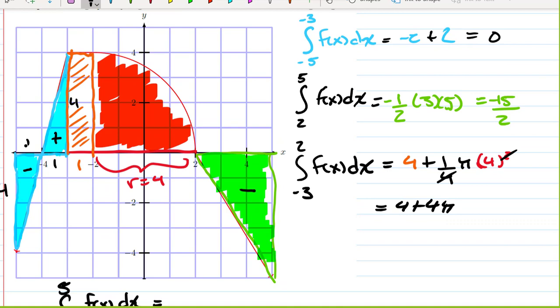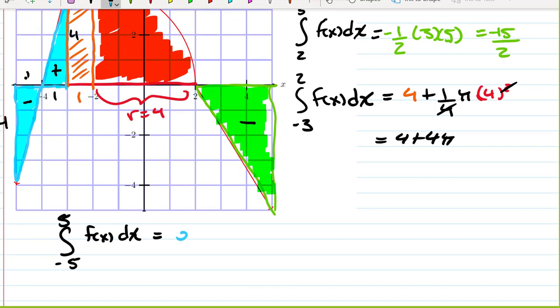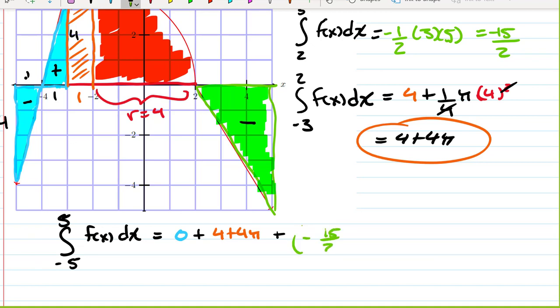So the first part had area 0, so it's going to be 0, plus the area of our second part was what we just found here, 4 plus 4 pi, plus the area of our last part, which was the part in green, which is -15/2.